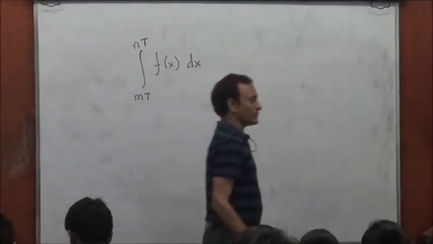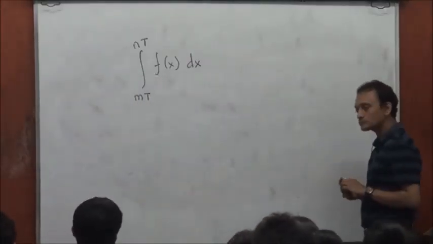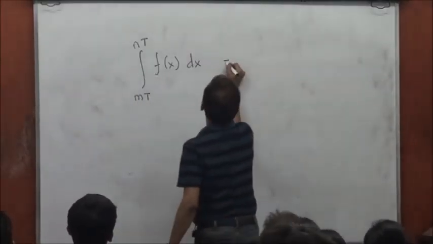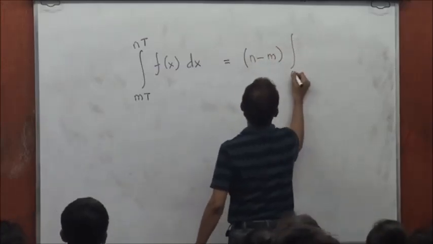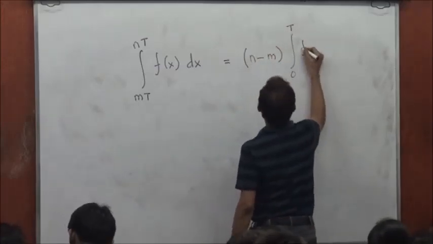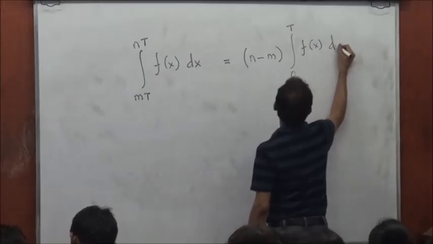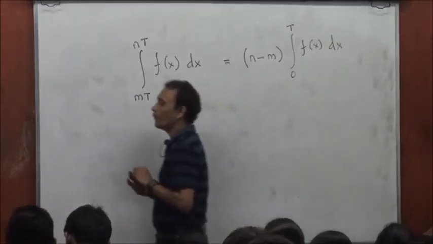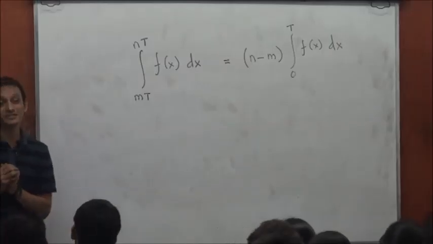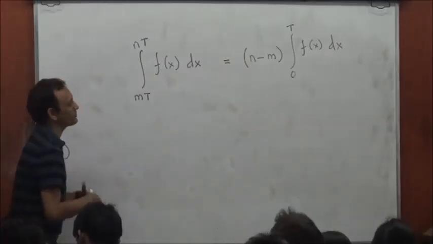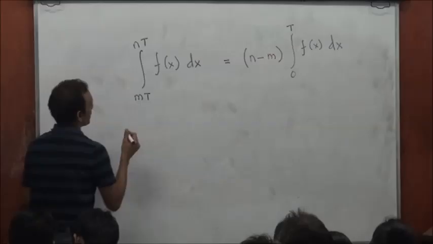The integral from m t to n t of f(x) dx is (n minus m) times the integral from 0 to t of f(x) dx. Geometrically you can see that. Again, from algebra also I'll tell you how that happens.